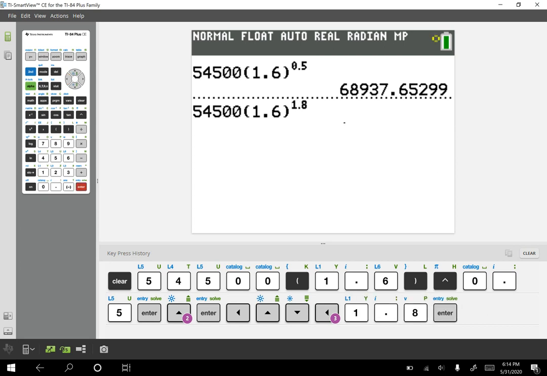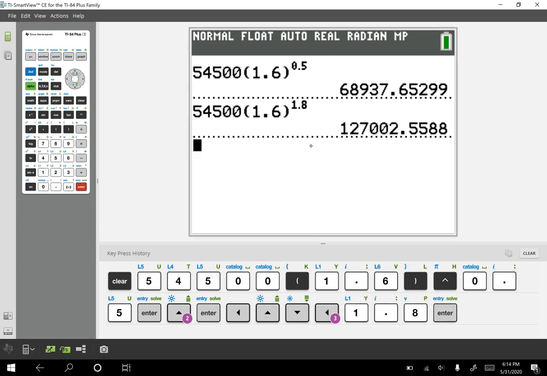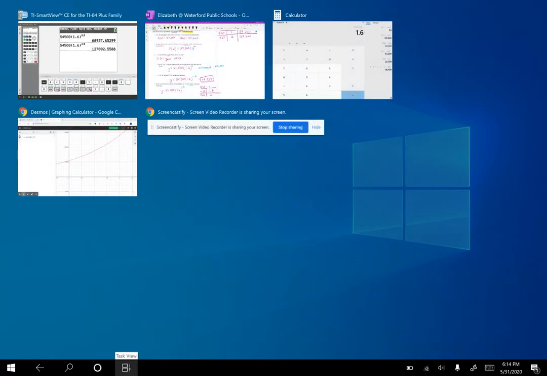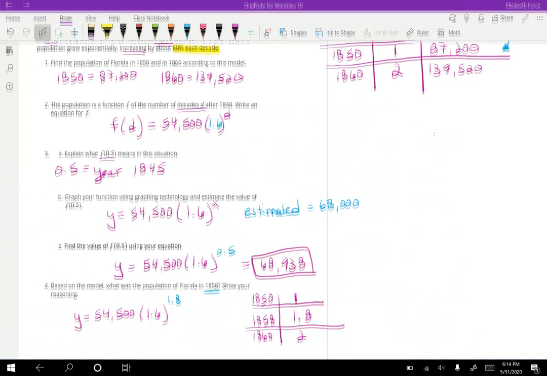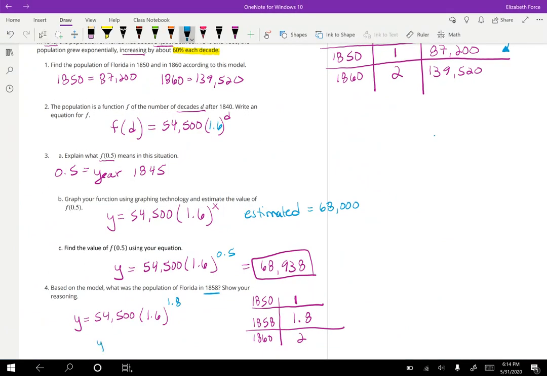And there we have it. 127,000. We'll round up to the nearest person. So 127,003. So in this one, y equals 127,003, or we'll just write it out in words. Population 127,003 in 1858 based on the model.